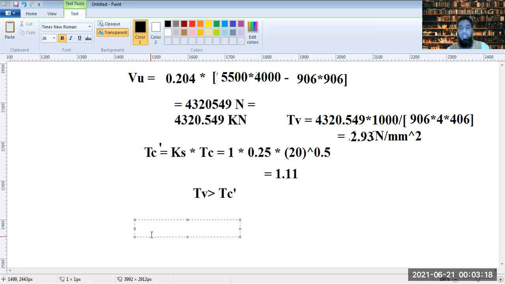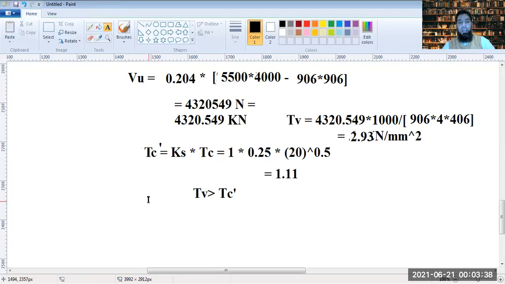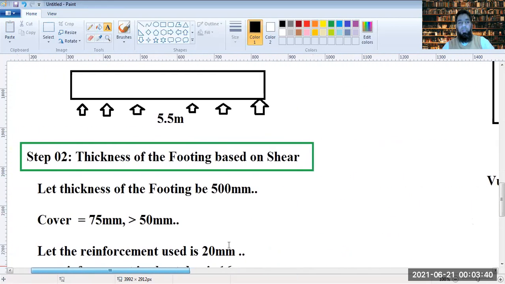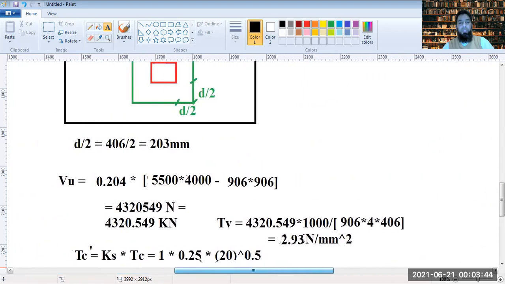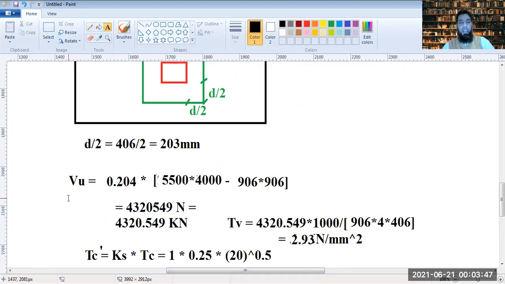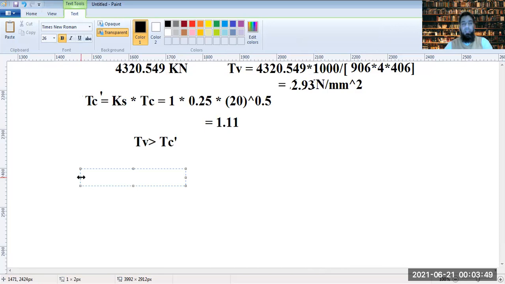Either you increase the concrete grade, or you increase the depth of the footing. Now we had to increase the depth of the footing based on this criteria. Our initial thickness was 500 mm overall.